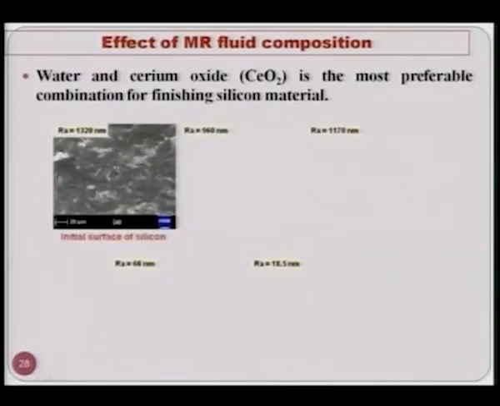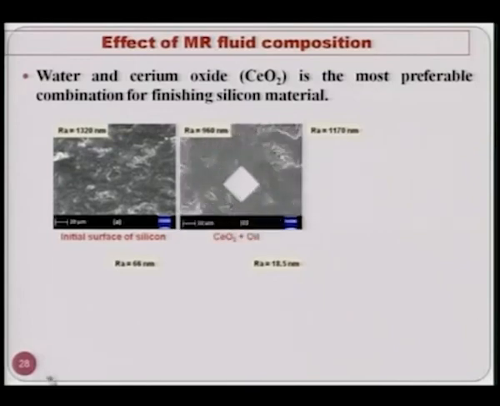You can see this is the initial surface of the single crystal silicon, which had 1320 nanometer as the surface finish. Now, we finished it and used cerium oxide as the abrasive particle and oil as the base fluid, and you can see the surface roughness came down to 960 nanometer.